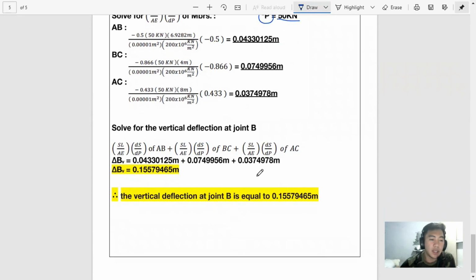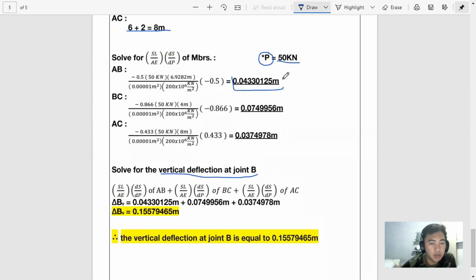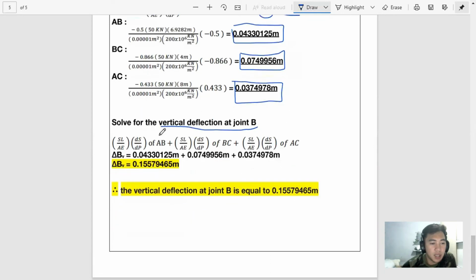The final step is adding them up, because we are solving for the vertical deflection. These are the vertical deflections at joint B. Adding up the solved answers, we get a sum of 0.1557945 meters.